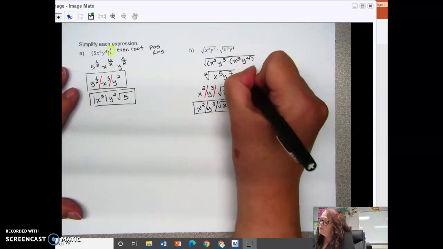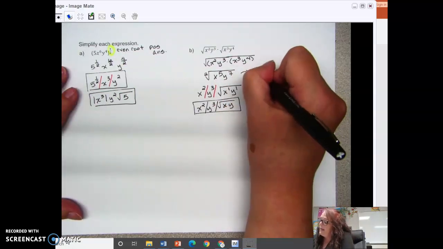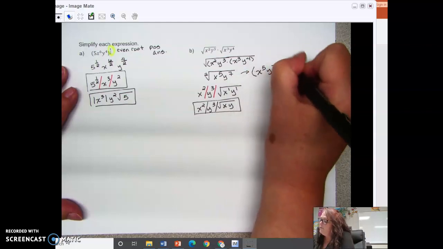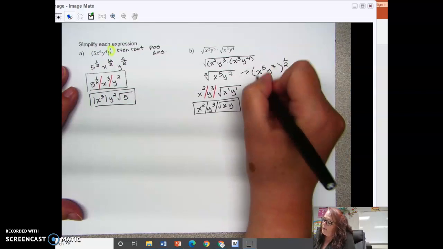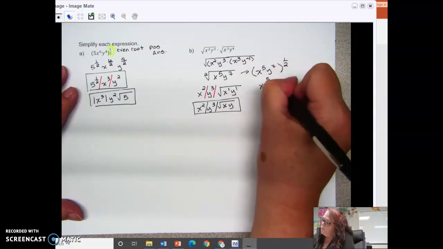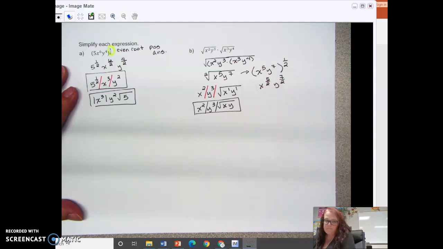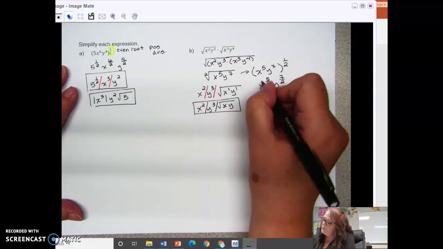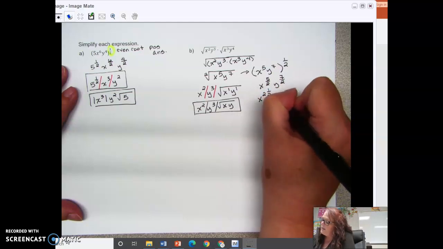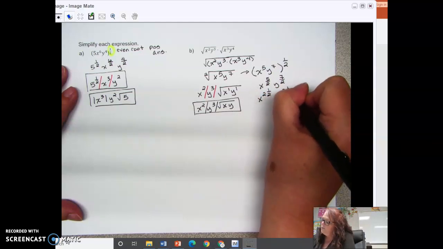Now, I could have also at this point said I have x to the 5th, y to the 7th, all to the 1/2 power. And then when I distribute that, I get x to the 5/2, y to the 7/2. And then 2 goes into 5 2 times. So this is 2 and 1/2. And this is y to the 3 and 1/2.